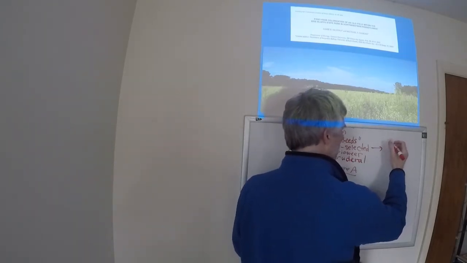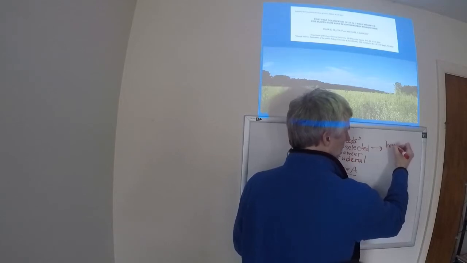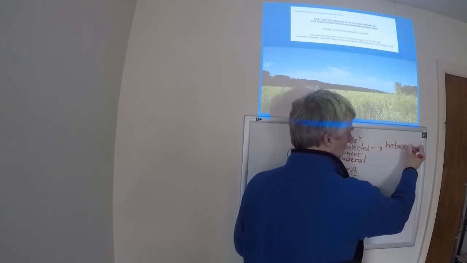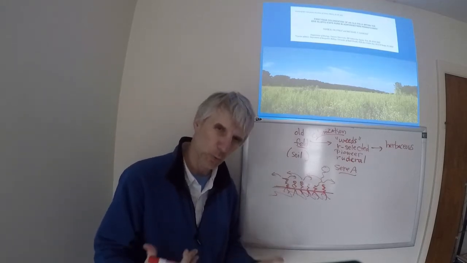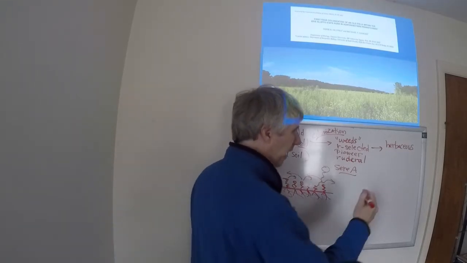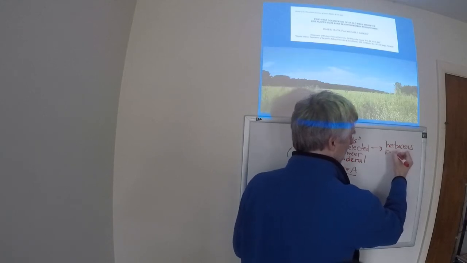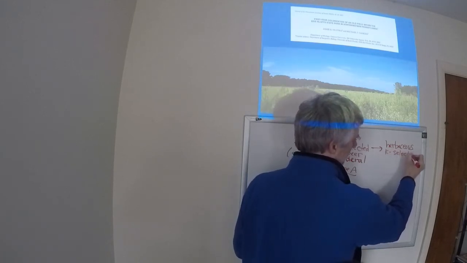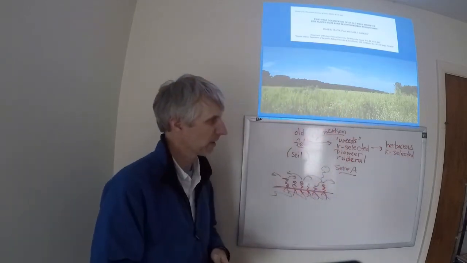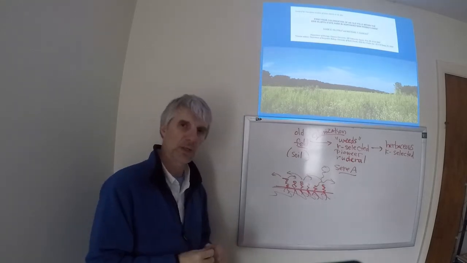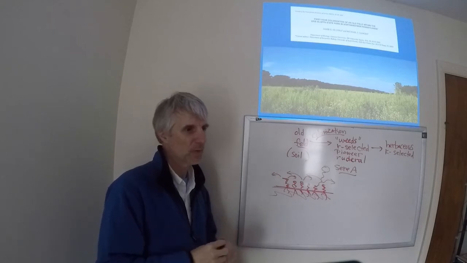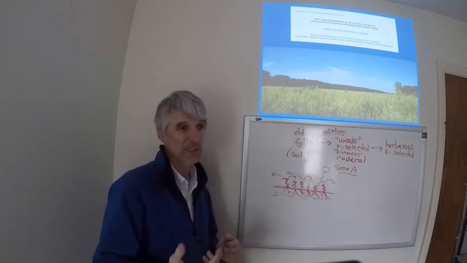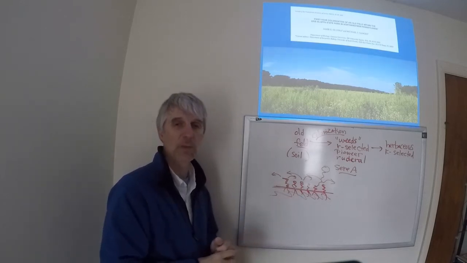So these species, like these early ones, are herbaceous, meaning they're non-woody, but they're more K-selected. They're much better at competition. Instead of putting their resources into surviving these nasty habitats, they put their resources into competition, which means they can't take these nasty habitats.